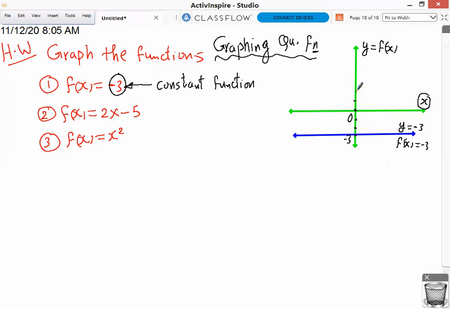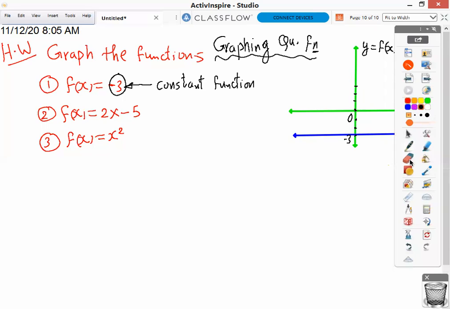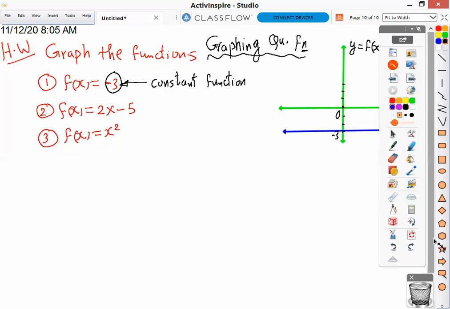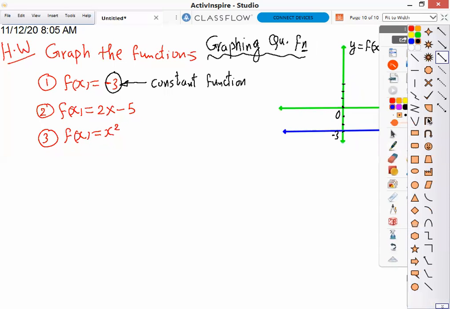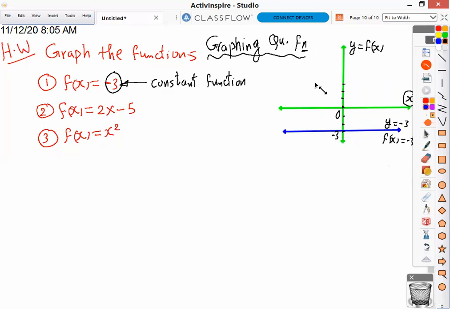Then I'll put another function to understand. If you have here 1, 2, 3, then you will draw another line. Then here you can draw your line like this.